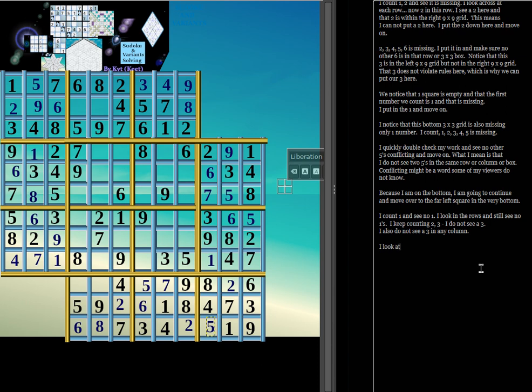Now I look at the very top of these columns and guess that they are also missing a 1 and 3. They are. I move on then.